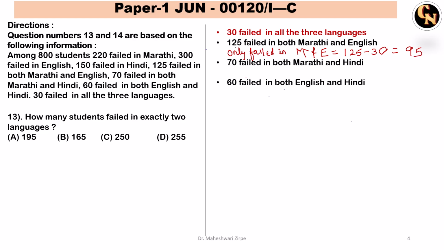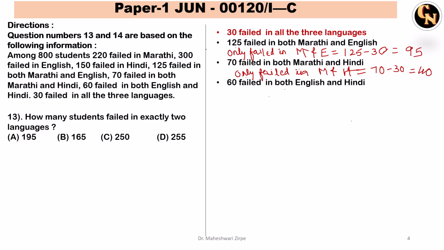Similarly, we can find only failed in Marathi and Hindi. My pen is not working properly today. So it will be 70 minus 30, that comes out to be 40.